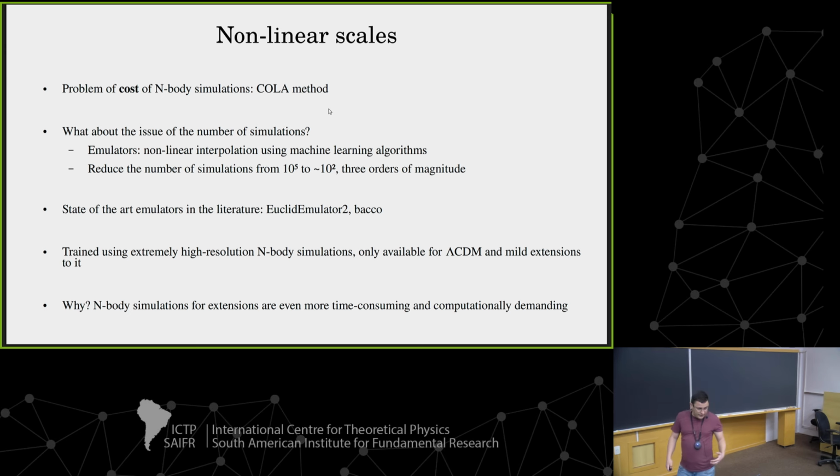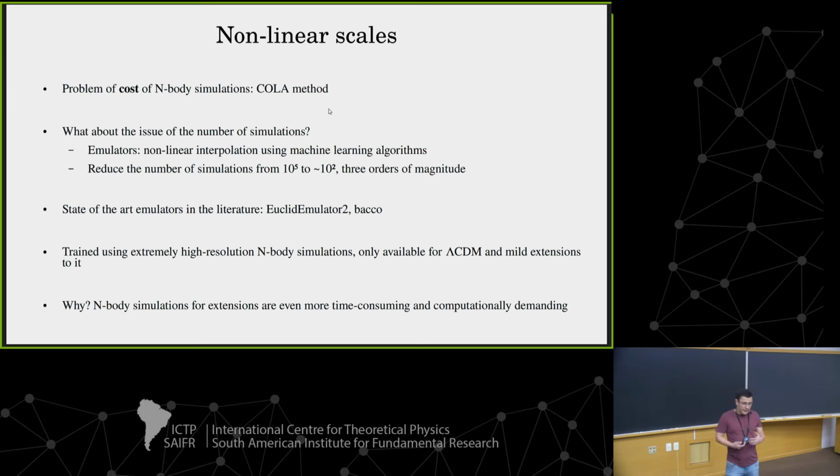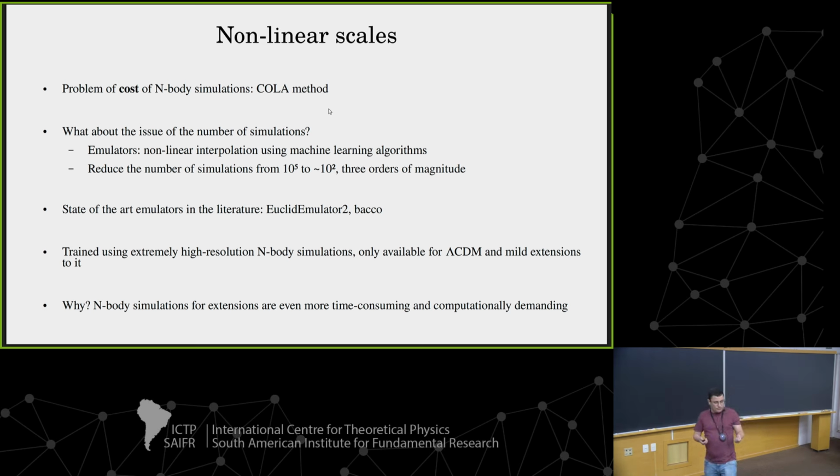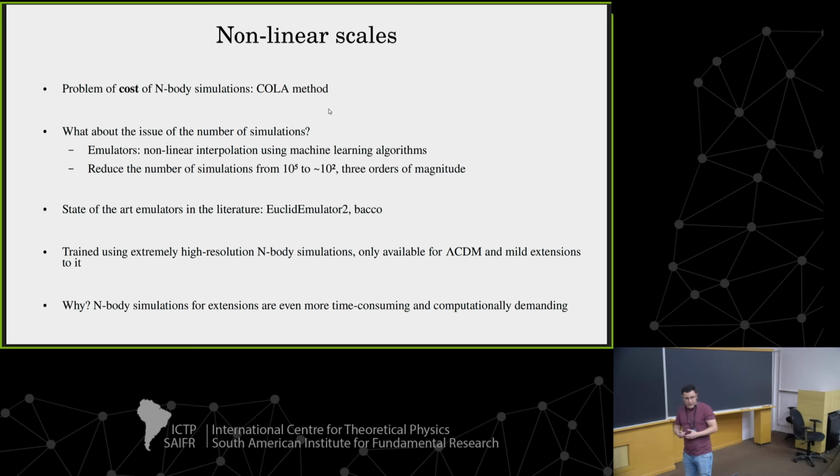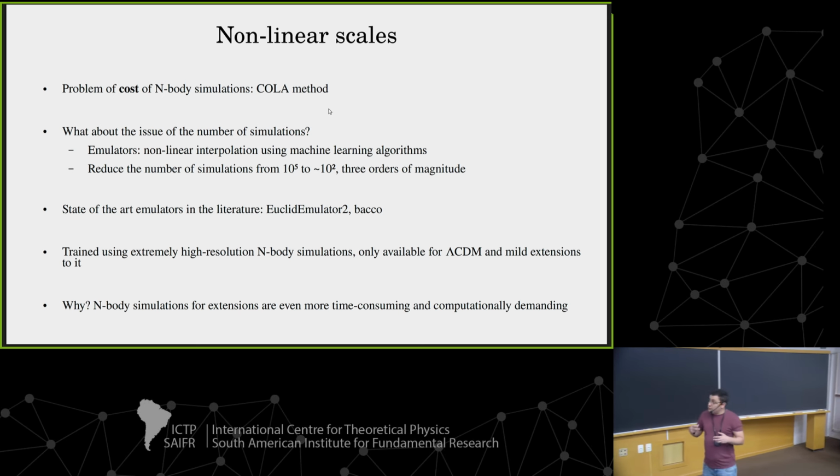Basically, they're more trustworthy and a better way of sampling the parameter space than something like a halo fit that would just perform fittings in terms of chi-square and things like that. So emulators are just smarter, black box methods to get a nonlinear prescription of the matter power spectrum in a fast way. Okay.